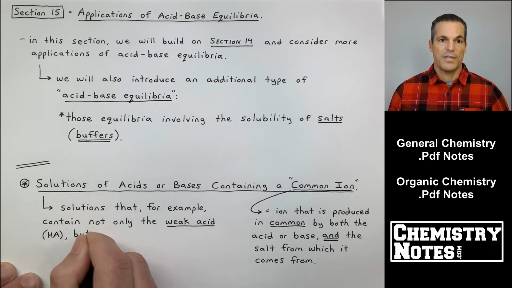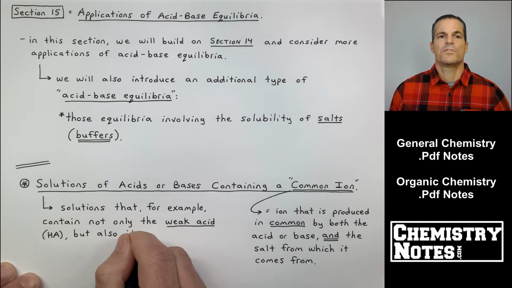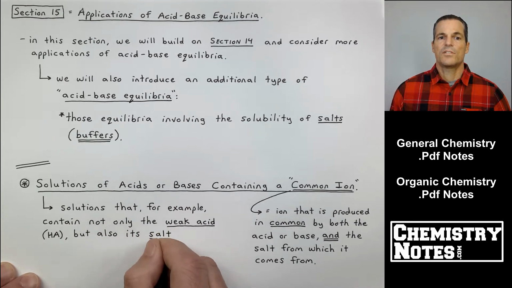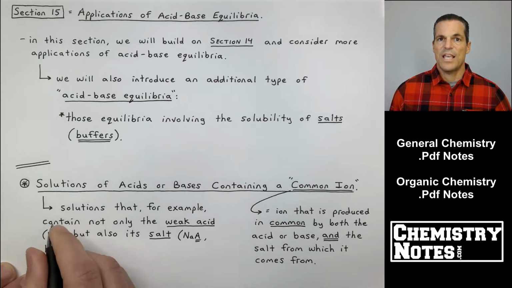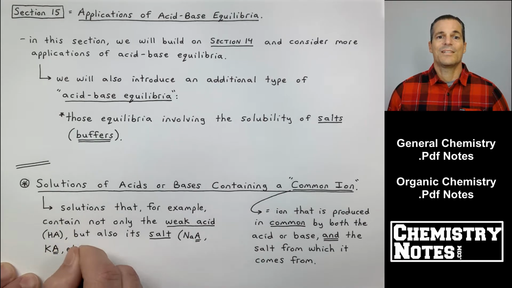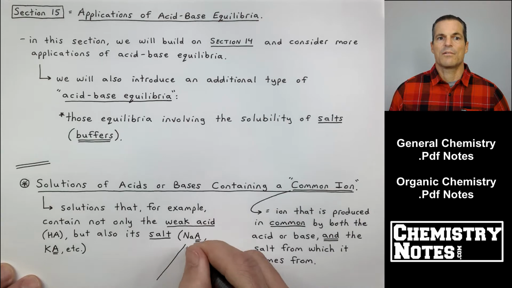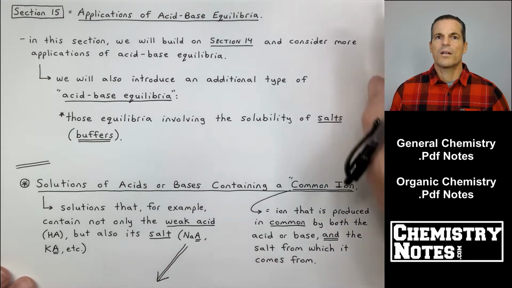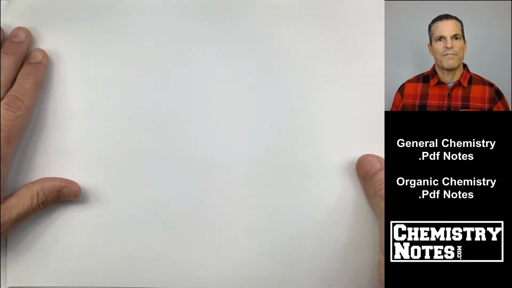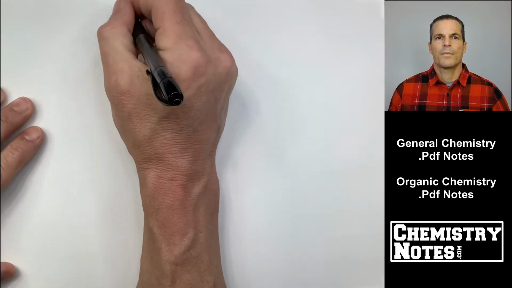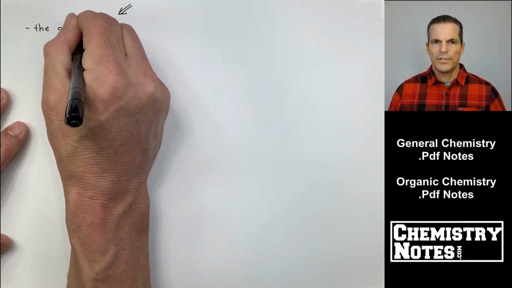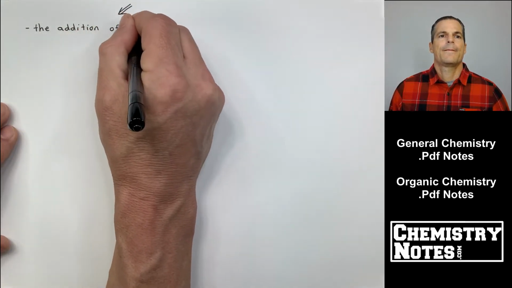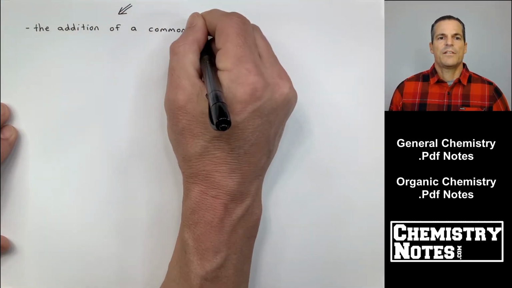And that's what the arrow says there underneath solutions. It says solutions that, for example, contain not only the weak acid HA, but also its salt, such as NaA or KA, etc. These are what make up a buffer solution. And we'll get into buffers later on in this video. I'm just building up to buffers right now. All right, so that's it for page 1.